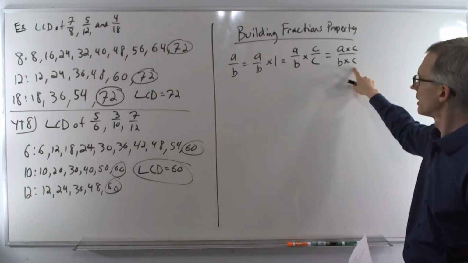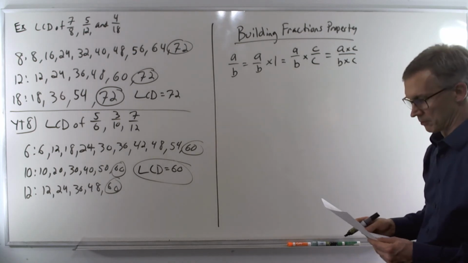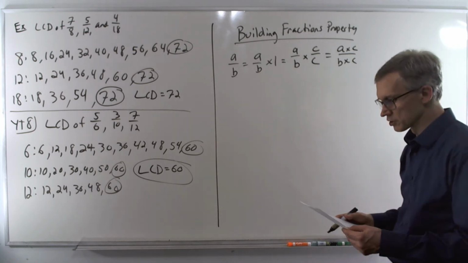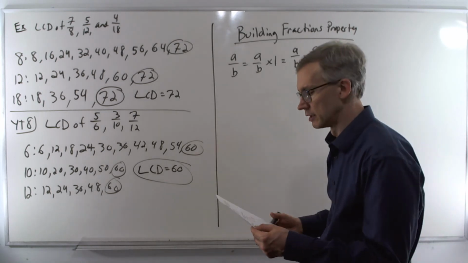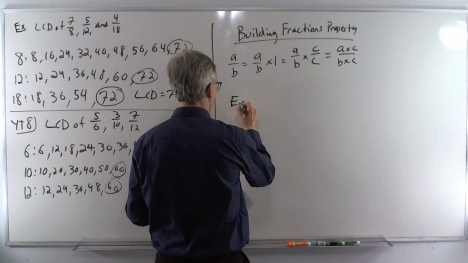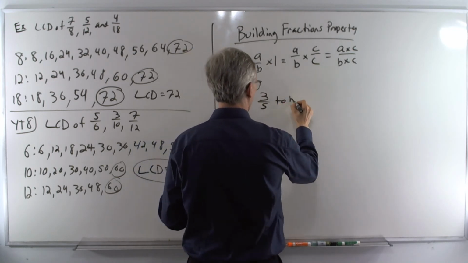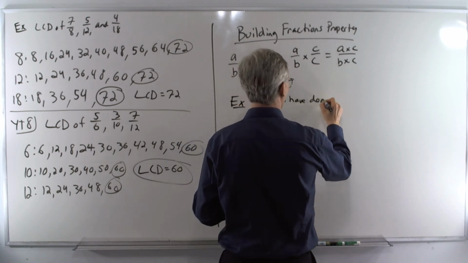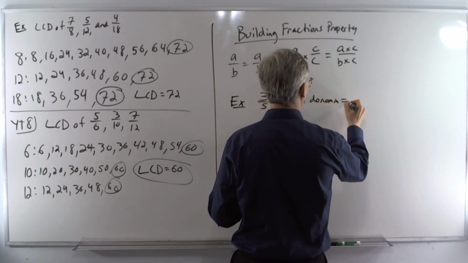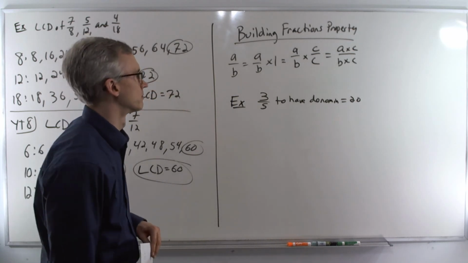It's going to look different, but have the exact same value as the one we started with. So first example, we're going to take the fraction 3/5 and make the denominator 20 without changing the value of the fraction.